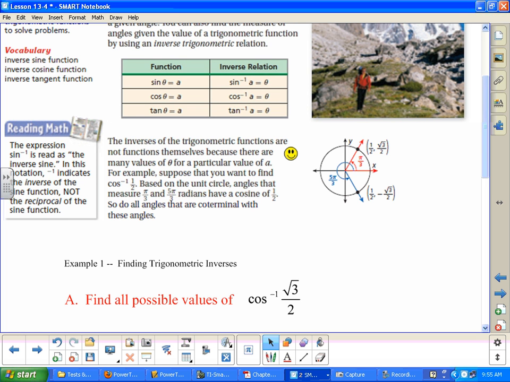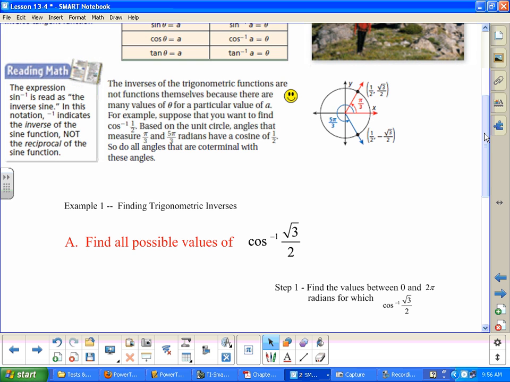And we'll look at that more today. But if I switch them, then I'm not going to have a function anymore. It's kind of like x squared, because x squared fails the horizontal line test, so the inverse is not a function. The same thing with sine and cosine. Tangent does pass, but sine and cosine do not. And we'll look at all of them.